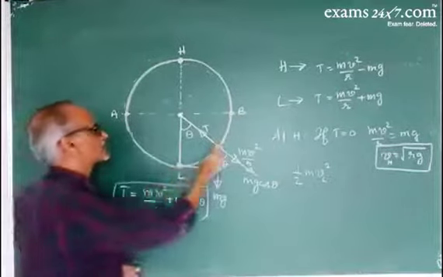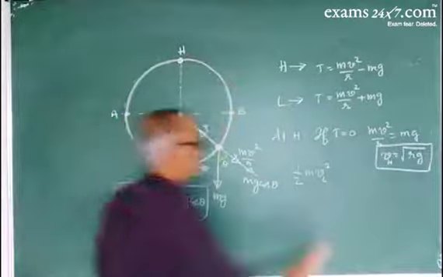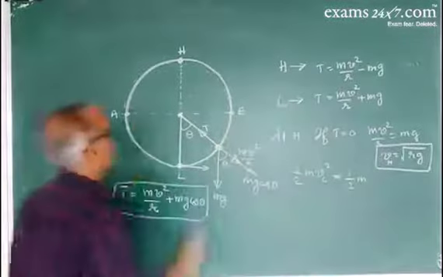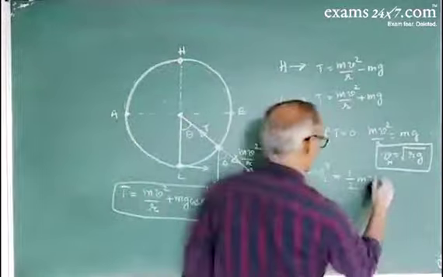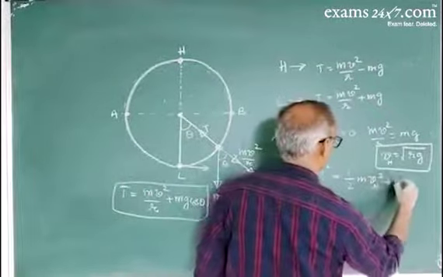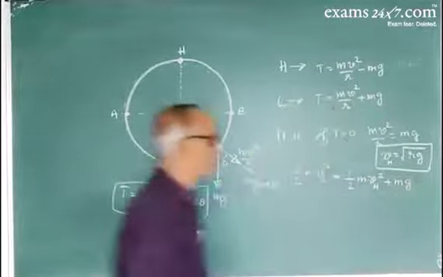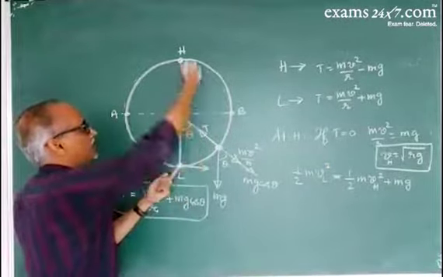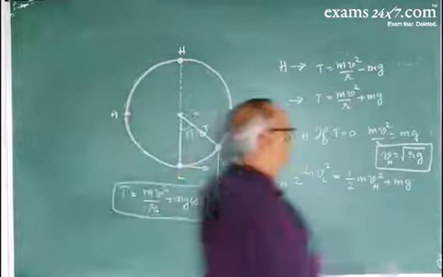And when it reaches the maximum height, it possesses kinetic energy ½mv_H² plus the potential energy mgh. But that h is nothing but the diameter, which is twice the radius, so mg·2r.